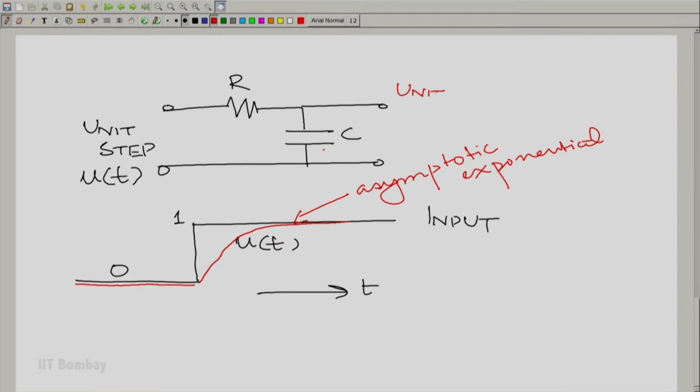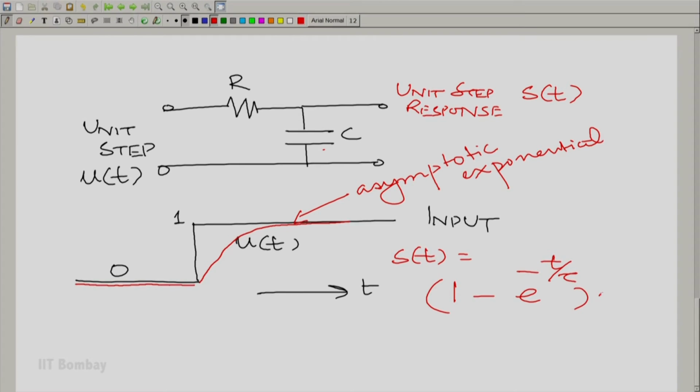So, we will call it the unit step response here, and let us denote the unit step response by S(t). S(t), as this expression, as this figure shows, is essentially (1 - e^(-t/τ)) times u(t), where τ is the product of resistance and capacitance.